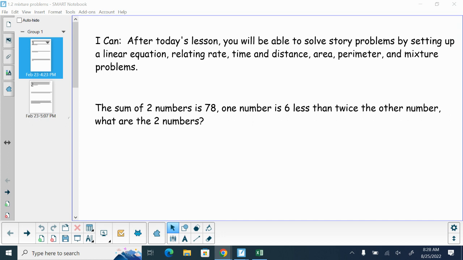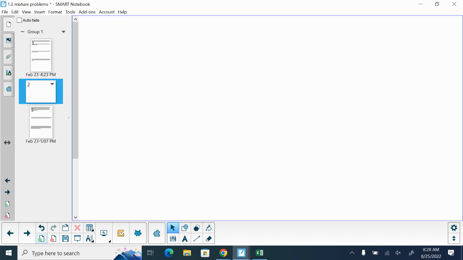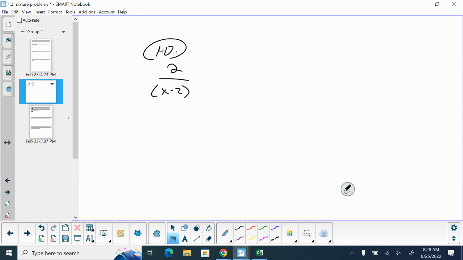Yeah. Number 10. Number 10, we have 2 over x minus 2, plus 3, is equal to 1/3 plus 5 over 6 times x minus 2.